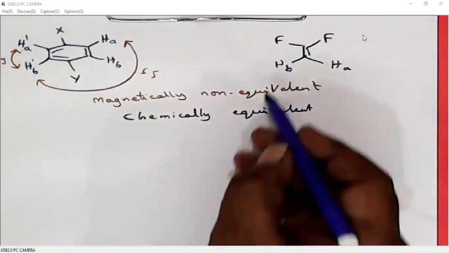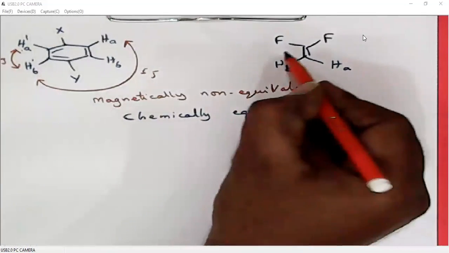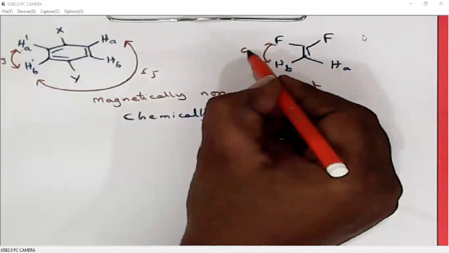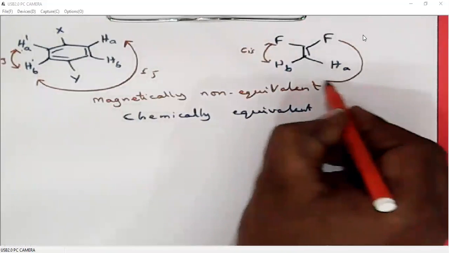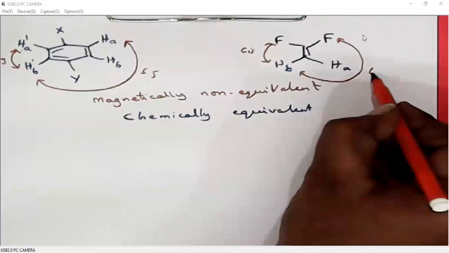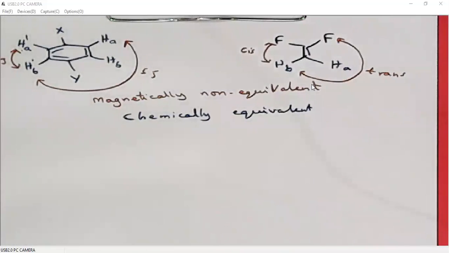Now consider the HA proton or HB proton. HB proton is cis related to this fluorine, whereas it is trans related to this fluorine. So we observe two different couplings, right?